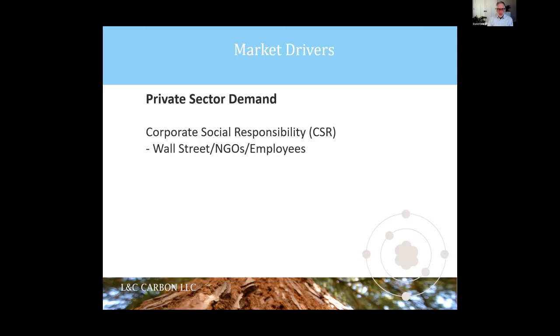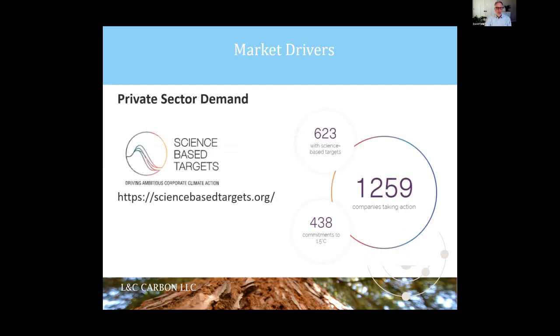And so Wall Street, non-governmental organizations, particularly environmental organizations, and even the employees of corporations are putting expectations on large, particularly publicly traded corporations, to take their environmental footprint, and particularly their greenhouse gas emission footprint, seriously and do something about it. And so we're starting to see the results of some of that pressure from Wall Street, NGOs, and employees.